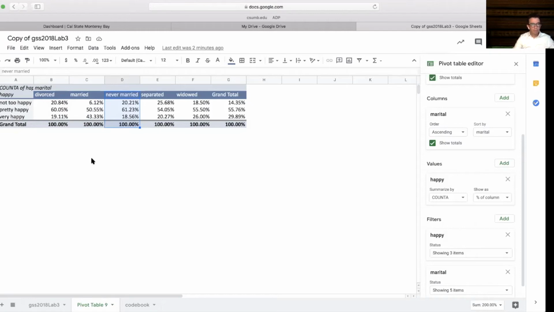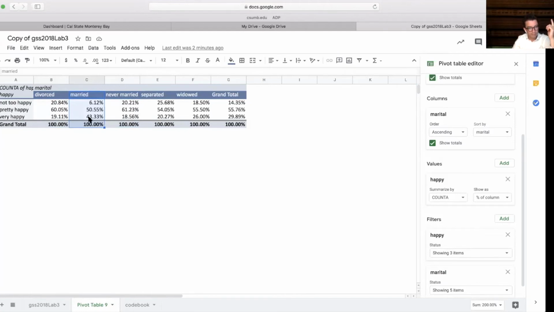Well, if we compare the distribution of happiness for those who are divorced to the distribution of happiness of those who are married, if we compare this column to this column, are they the same or are they different? They are very different, right?